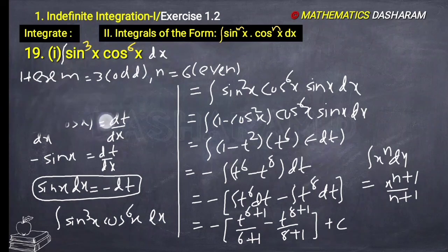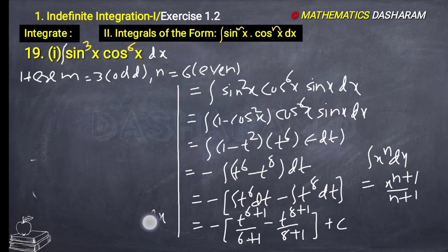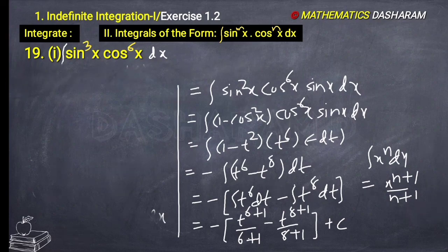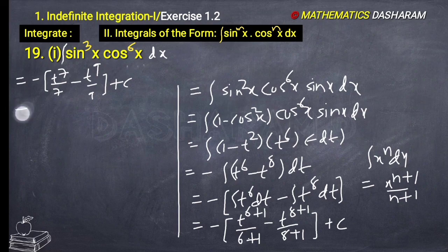So then it is equal to minus, t to the power of 7 by 7 minus t to the power of 9 by 9, plus c, and minus multiplying inside, minus t to the power of 7 by 7, minus into minus plus t to the power of 9 by 9, plus c.